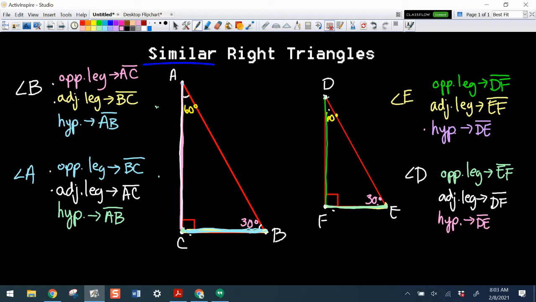Again, it has no bearing on which angle we're looking at, because the hypotenuse is always the side opposite of the right angle.